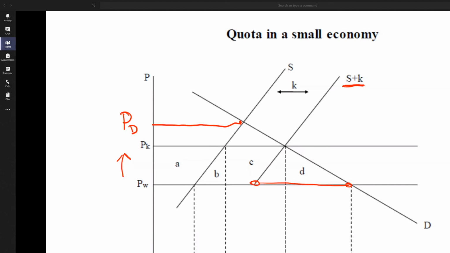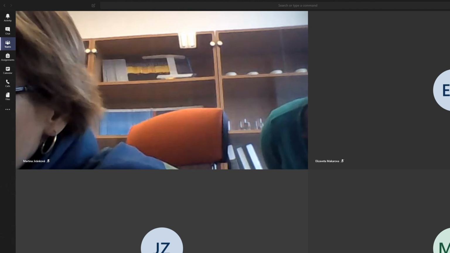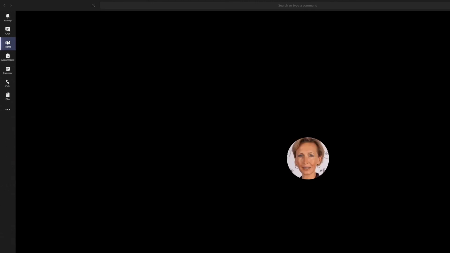So I will try to write it on the board. Can you see the board, whiteboard? Yes, we can. Okay. So let's write. A plus B plus C plus D is the consumer surplus loss again, because the consumer must pay 50.